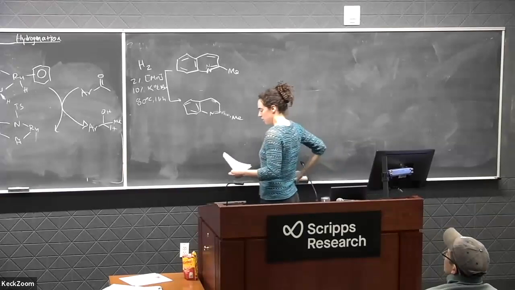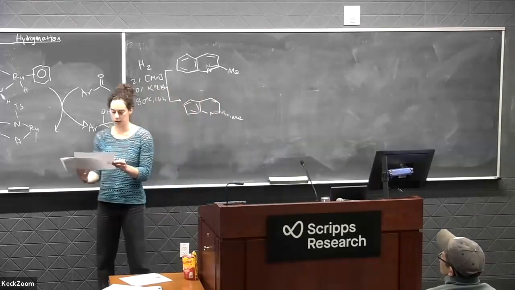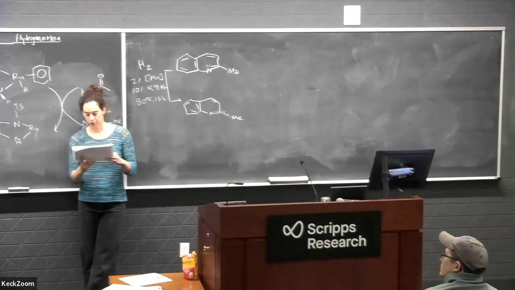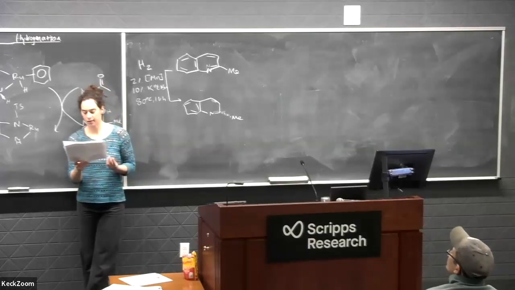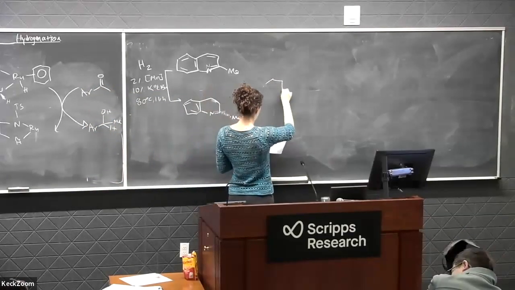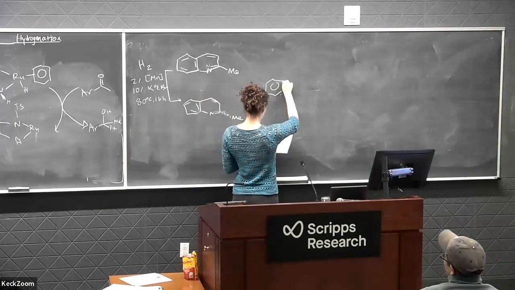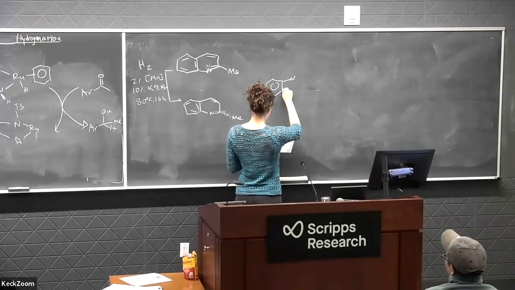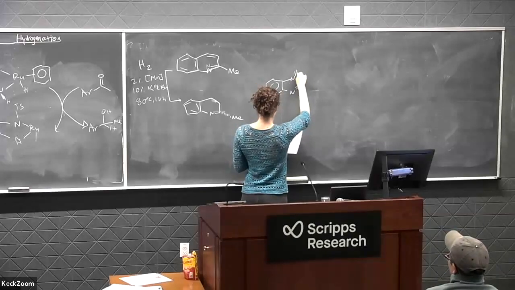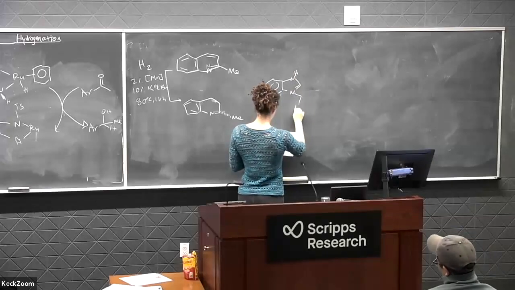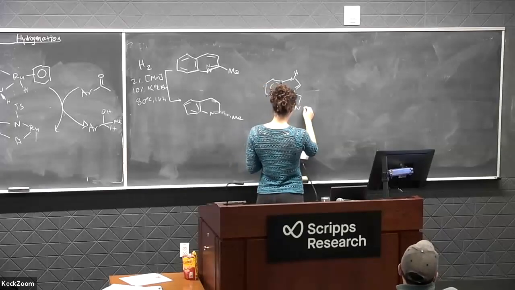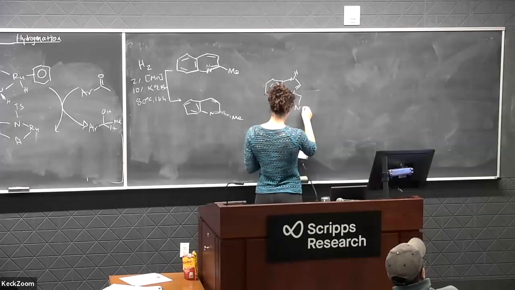Okay, so can someone explain why the yield goes from 98% to 32% and the EE goes from 97% to 60% when the backbone of the ligand is methylated? Who wants to answer?